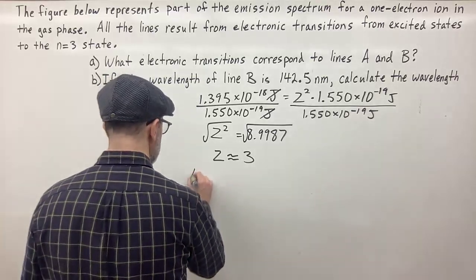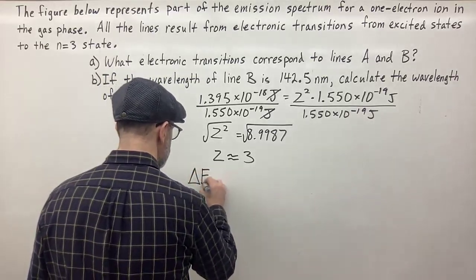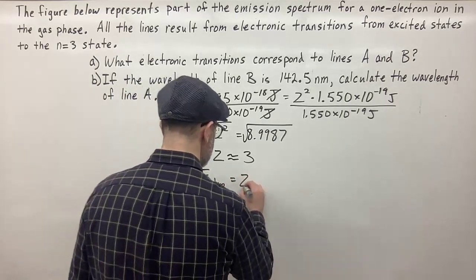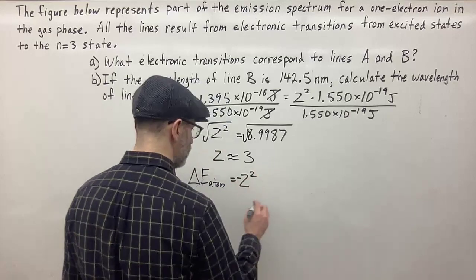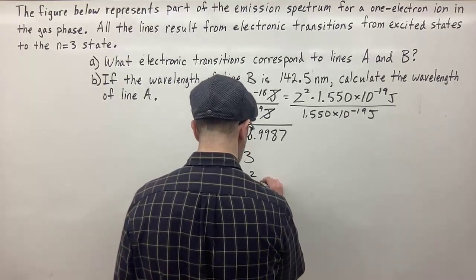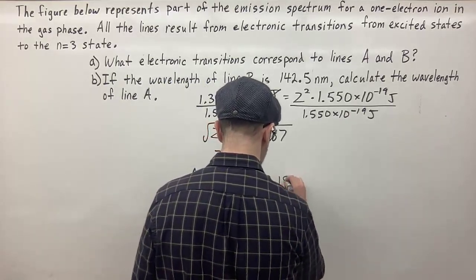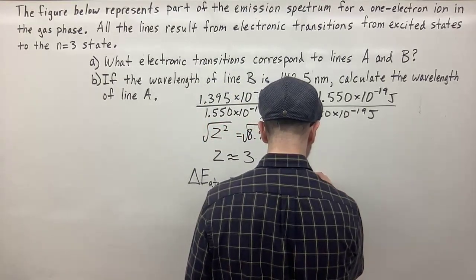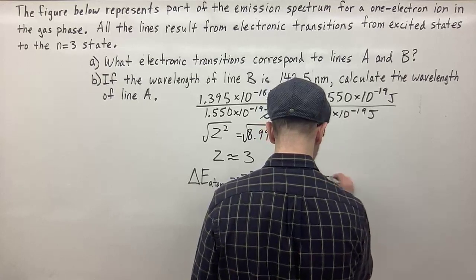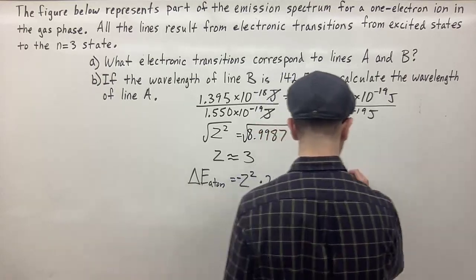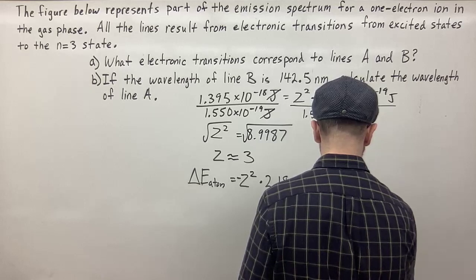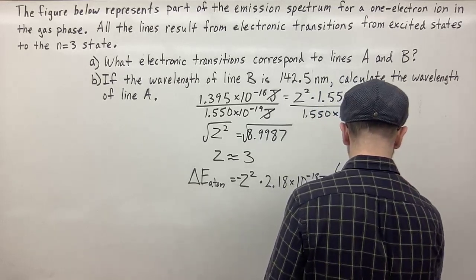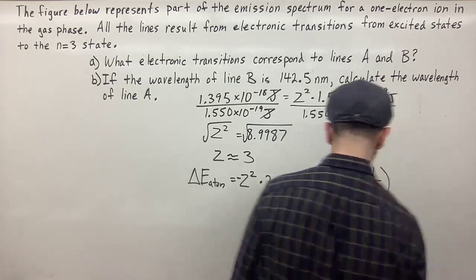So we're going to go back to the change in energy of the atom is equal to negative z squared times 2.18 times 10 to the negative 18 joules times 1 over nf squared minus 1 over ni squared.